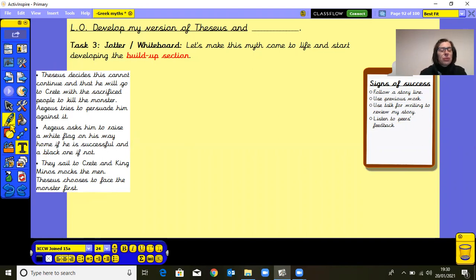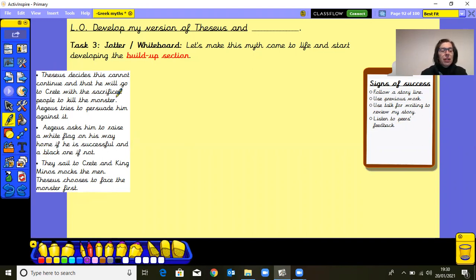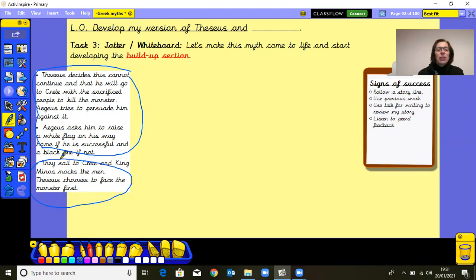So you can choose to have them on their own and to develop one point at a time, like I am doing now, or you can decide that you're going to group paragraph 1 and paragraph 2 together and have the third one on its own. Or you can have points 1, 2 and 3 together. It's really up to you.